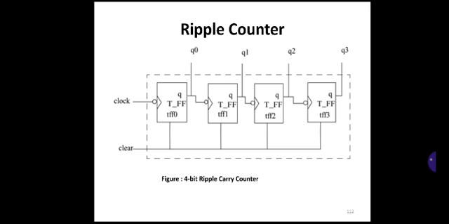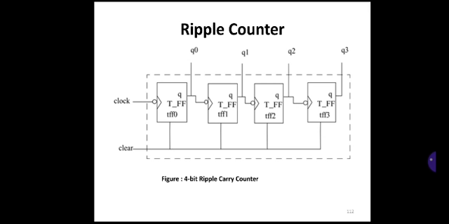The diagram of the 4-bit ripple carry counter module is shown in the figure. As it is a 4-bit counter, it consists of 4 T flip-flops: TFF0, TFF1, TFF2 and TFF3. The clock pulse is applied to TFF0. It is a negative edge triggered flip-flop, identified by that bubble.